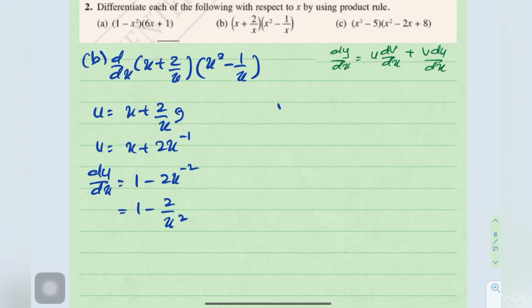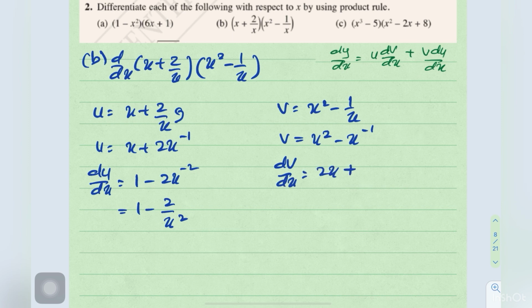Okay, v is x squared minus 1 over x, or x squared minus x to the power of negative 1. So we can differentiate: 2x plus x to the power of negative 2, or 2x plus 1 over x squared.